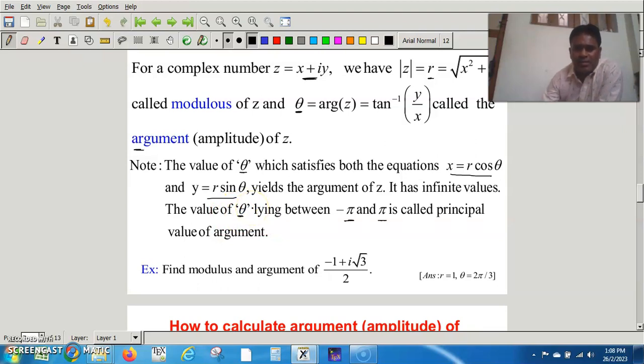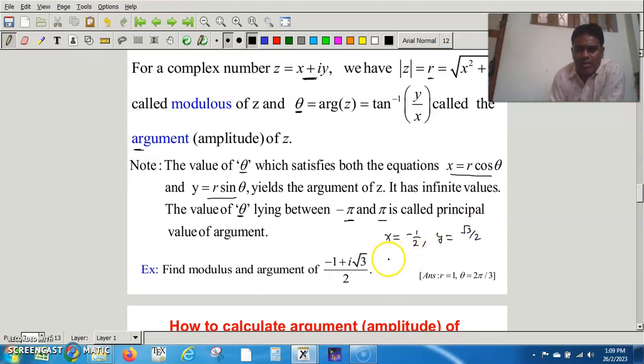Clear? Yes. So suppose this is the complex number minus 1 plus i root 3 divided by 2. The modulus of this complex number can be found easily. If you compare, you will find that the real part of this complex number is minus 1 by 2, and the imaginary part is root 3 by 2.